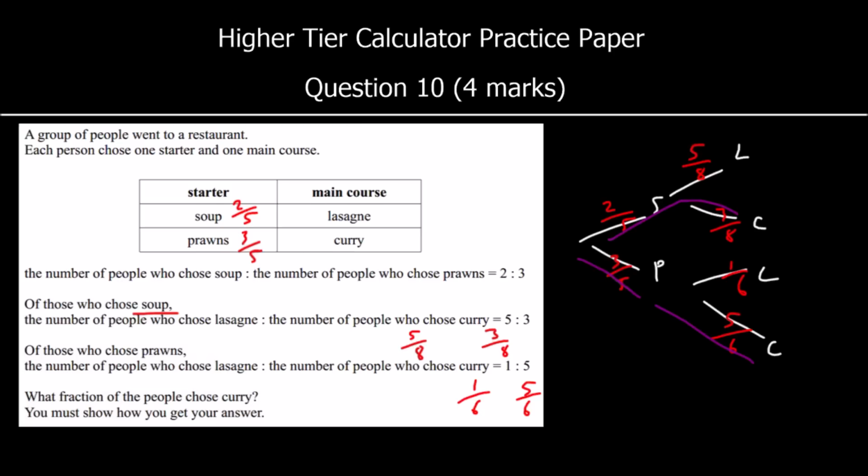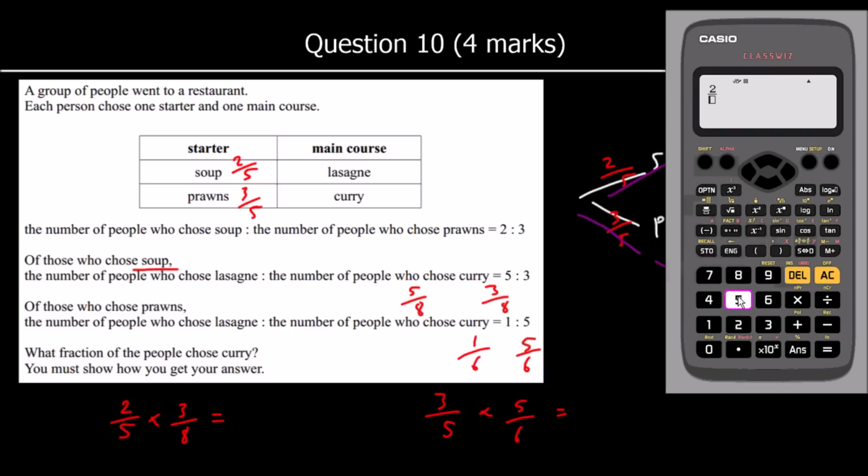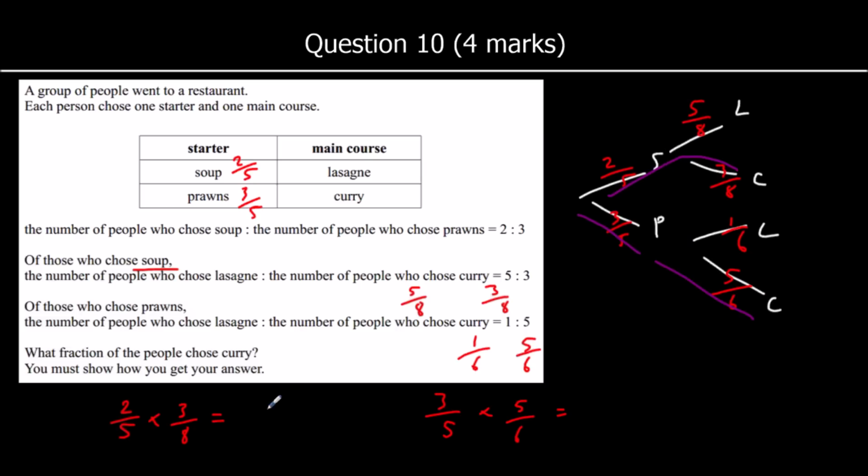So the chance of someone being soup curry is 2/5 times 3/8. And the chance of prawns curry is 3/5 times 5/6. So 2/5 times 3/8 is 3/20.